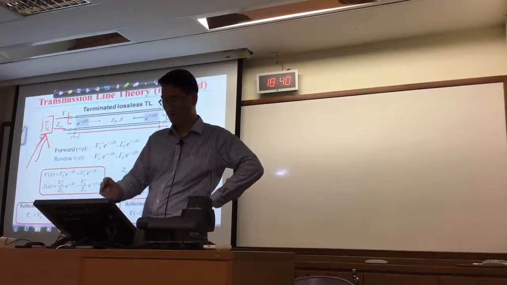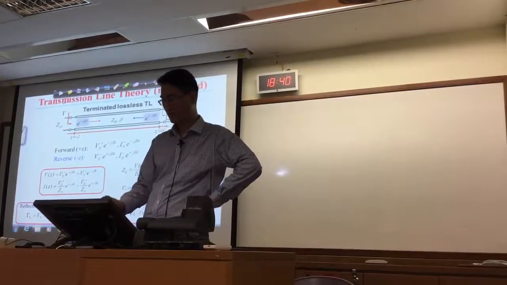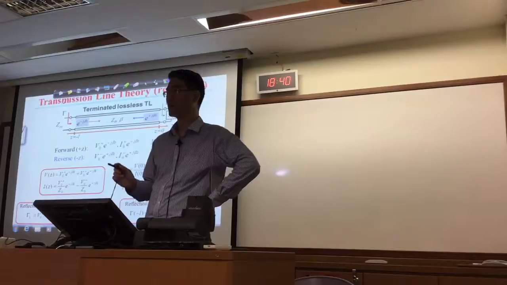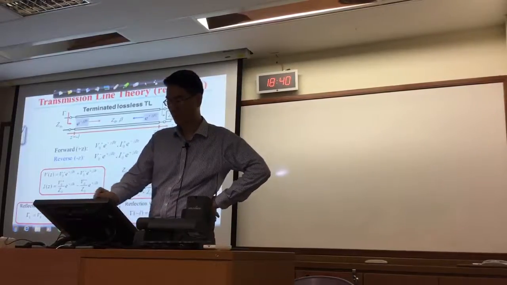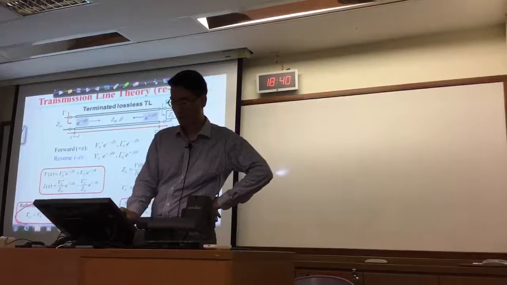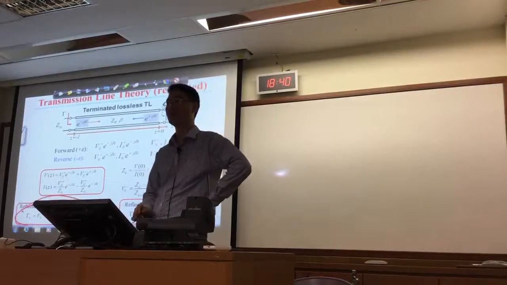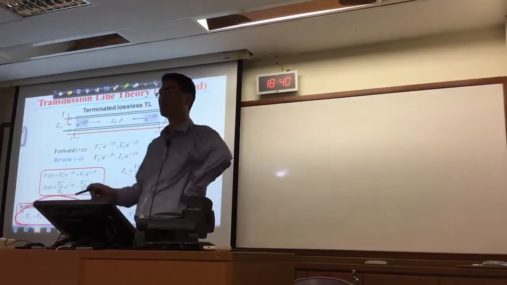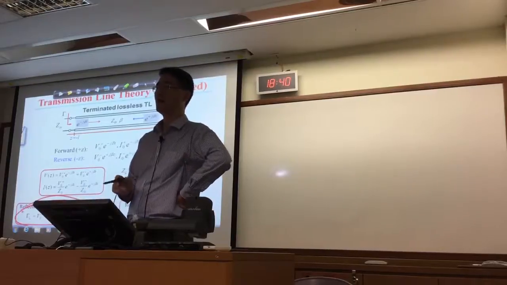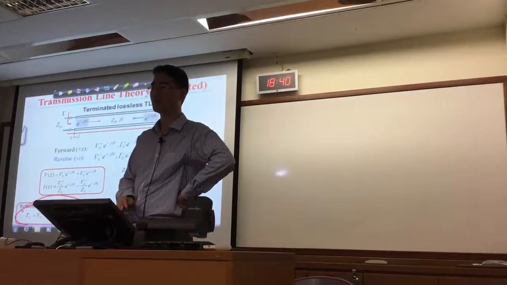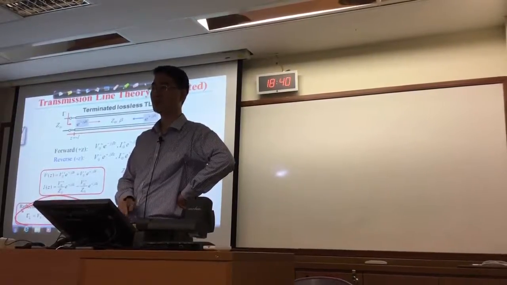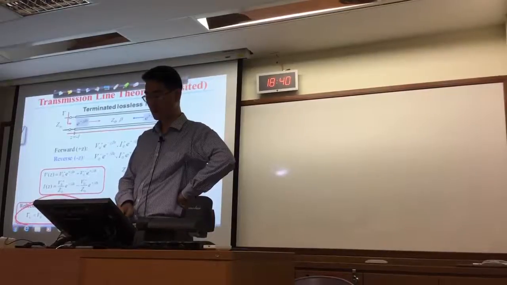Since we mentioned how to characterize the reflection, this is very important: the reflection coefficient. It is the difference between the load impedance and the characteristic impedance, divided by their sum.